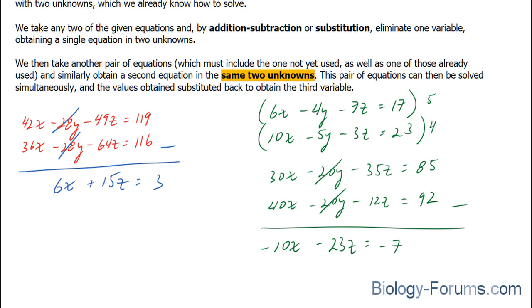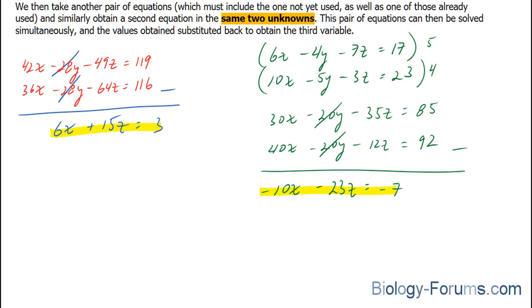So we have two equations here which we can use to solve for both x and z. Let's write them out. 6x plus 15z is equal to 3. And notice that they're both in standard form, where the letters are on one side and the constant is on the other side.